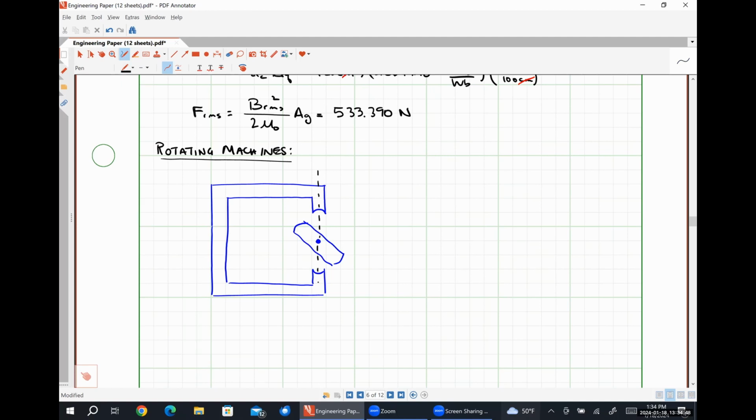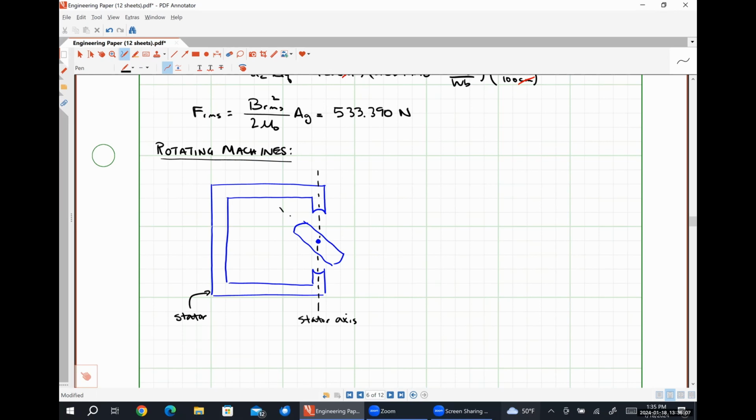I'm going to define a couple of axes here because they are important. So this dashed line right here represents our stator axis, which means this structure right here is what's called the stator.